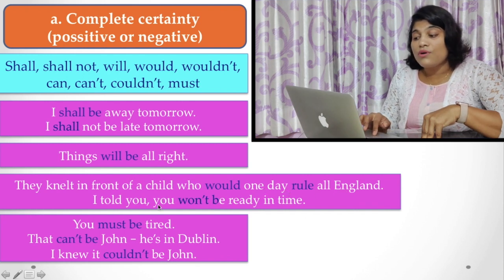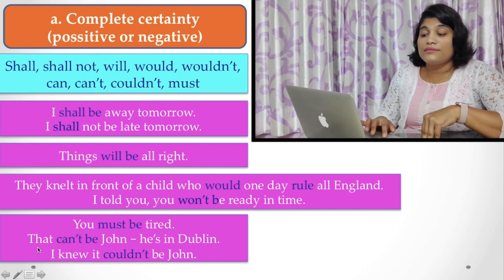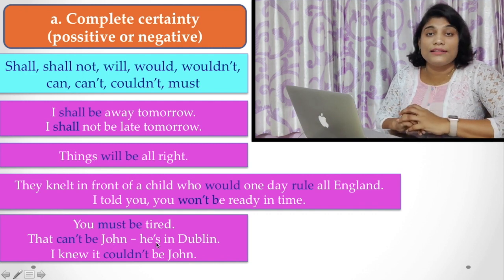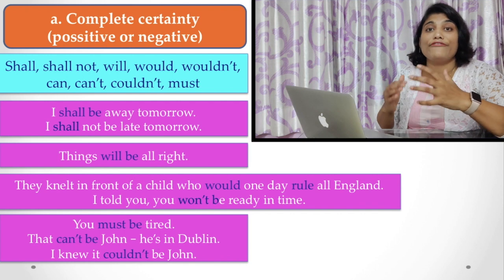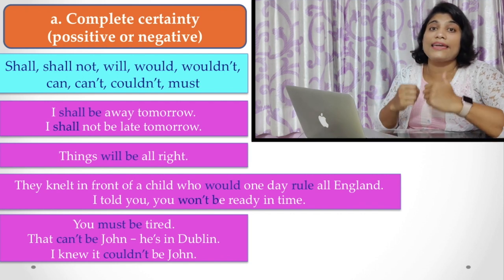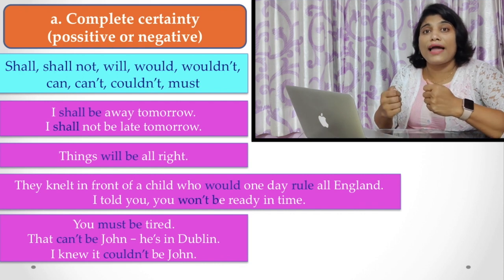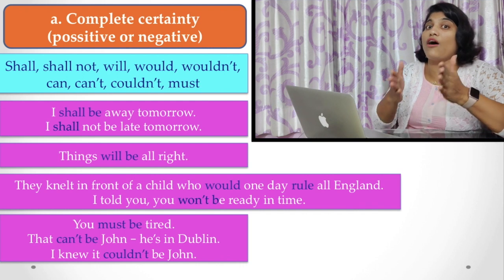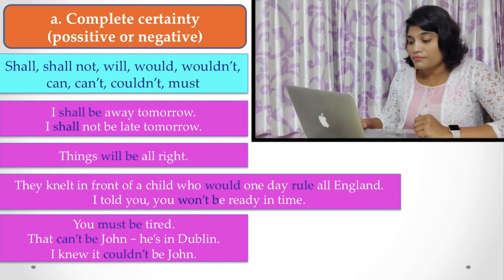I told you, you won't be ready in time. You must be tired. That can't be John. He is in Dublin. All these cases refer to facts that are very certain, and I know about the fact; they depict obvious facts.